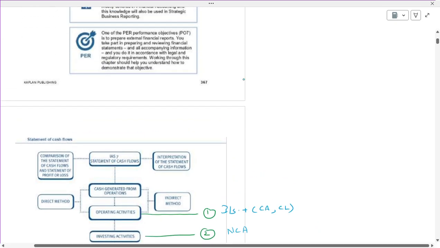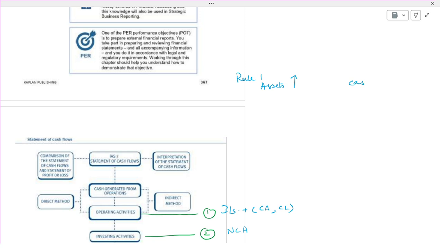Now I will ask you simple questions. For any asset, whether current or non-current, I will give rule number 1. If an asset is increasing, what happens to cash?